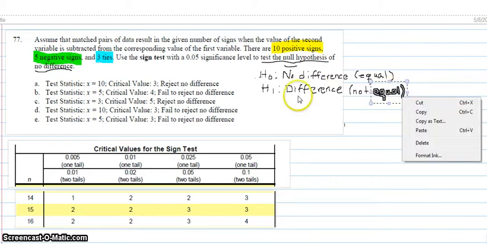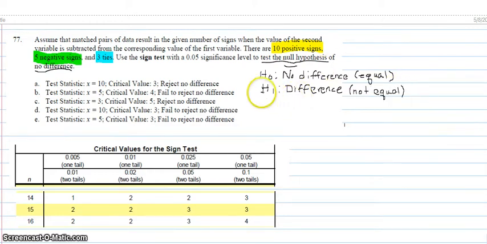Now, we have 10 positive signs, so we will write that. Positive equals 10. We have 5 negative signs. Negative equals 5.